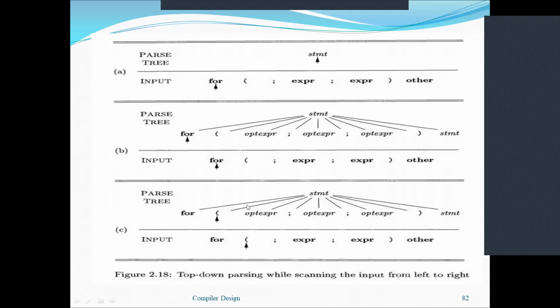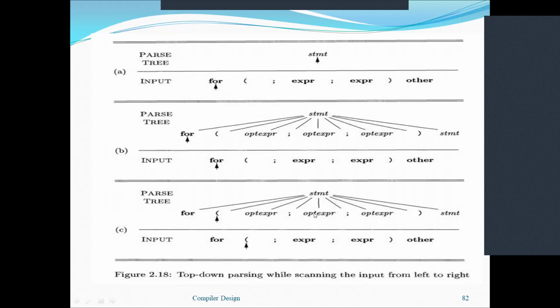Now we'll see whether the input matches or not. This becomes your lookahead symbol, and this lookahead symbol matches with the earlier one. So every time it goes to a lookahead symbol, it checks whether it matches the input string or not.